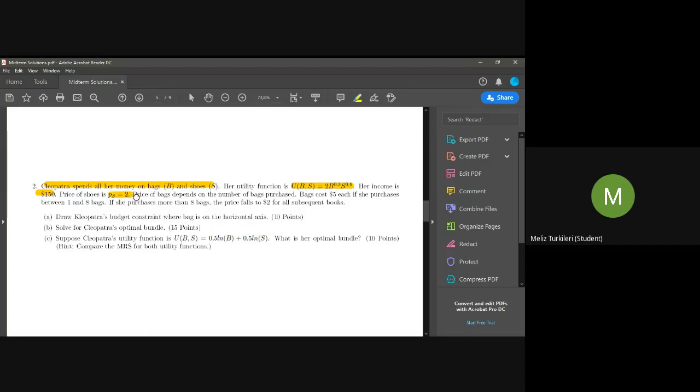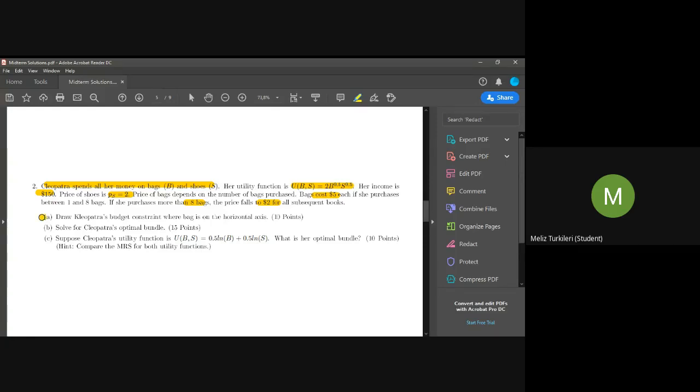And we have a reduction in the price with respect to the quantity of bags purchased. When the purchased quantity of bags is 8 or lower than 8, the price of the bags is equal to $5. If she purchases more than 8 bags, then the price falls to $2 for all subsequent bags.